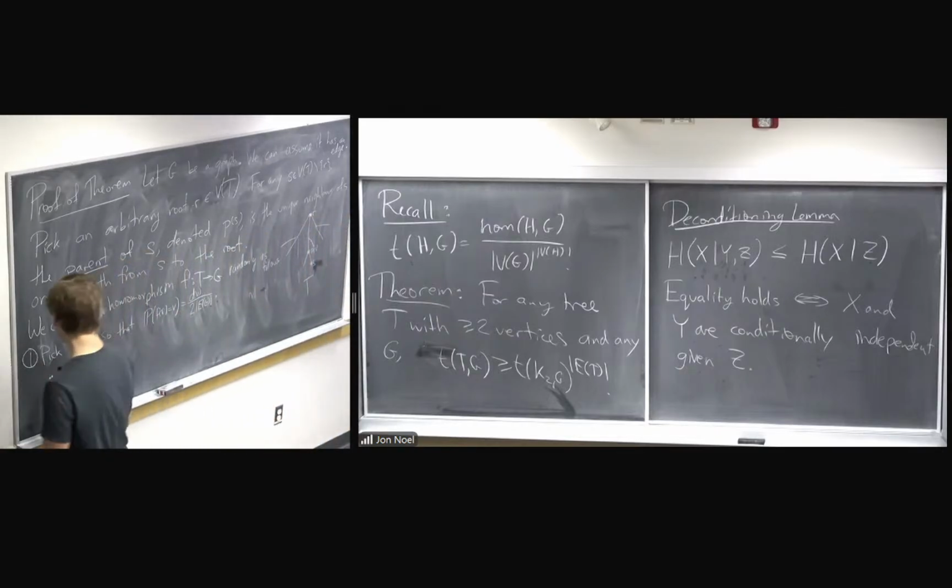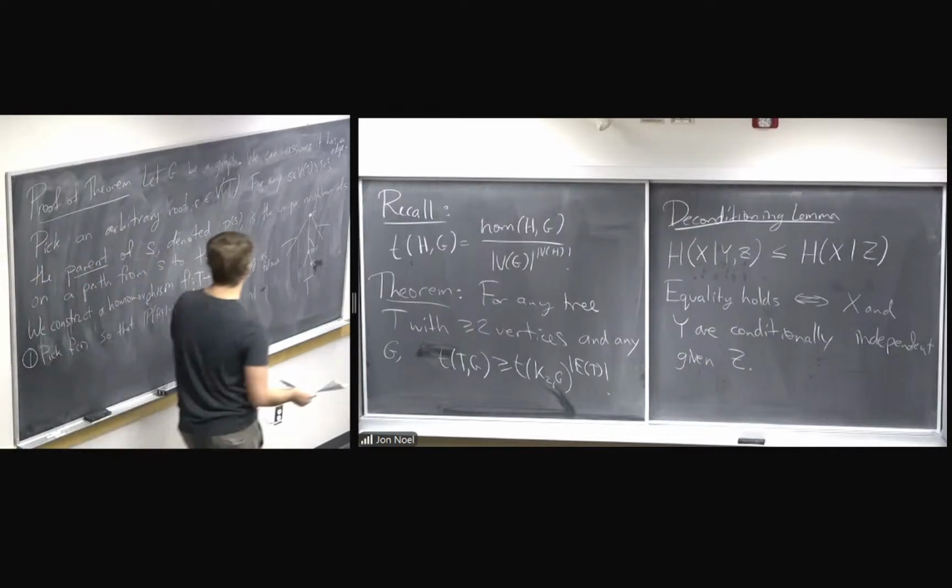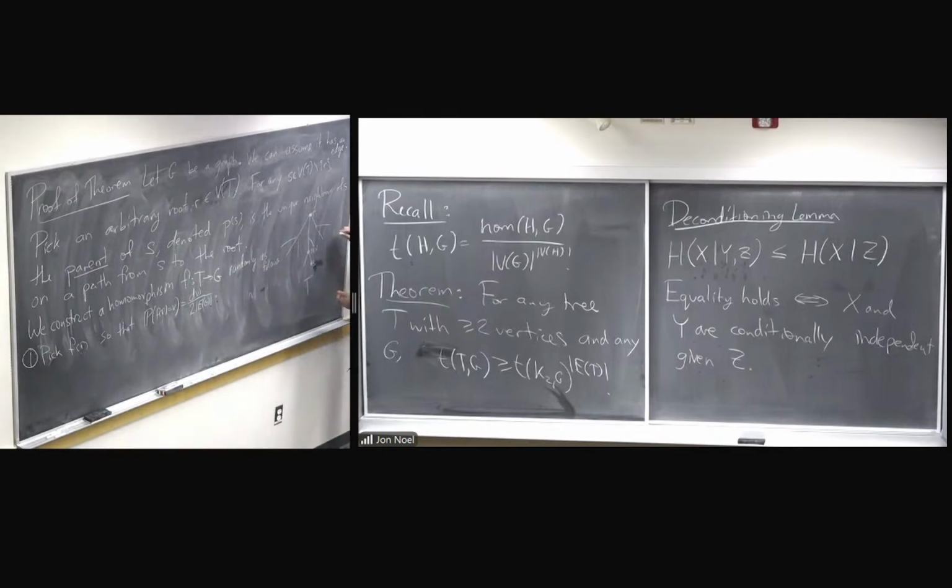And then, if we've got this parent relation, you also have a child relation. If S is the child of its parent, basically we'll go through the children of the root. If we're trying to make a homomorphism of a tree to G, the question is, where should I map this child of the root?